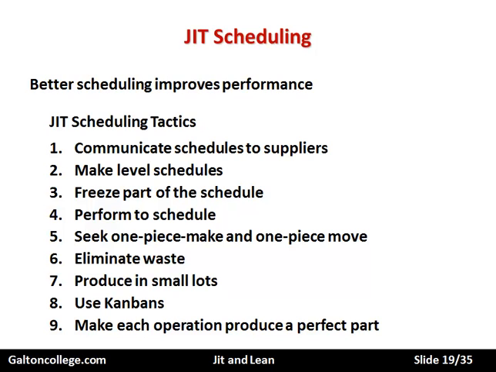Because as soon as a machine is not working to the required tolerances, that machine should be closed down and fixed immediately, made right. Otherwise, the raw materials and the time, the labor, everything is wasted. All of that is dead money. So each operation should produce a perfect part.